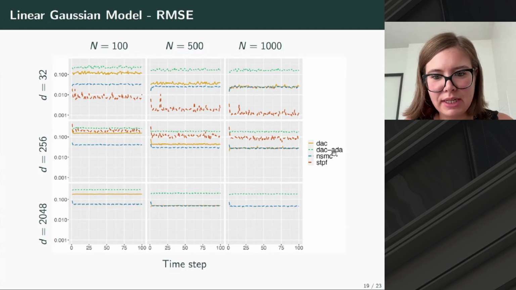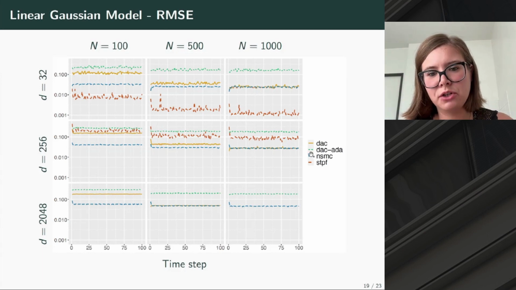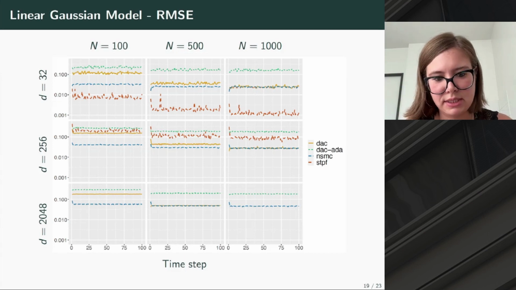The other thing is that this green version of divide and conquer does not seem to be improving.